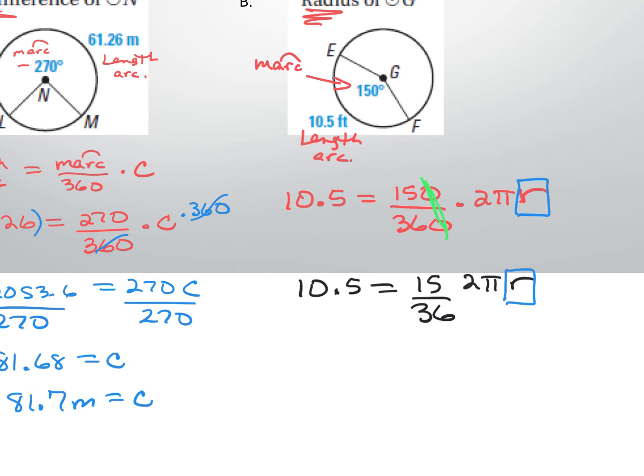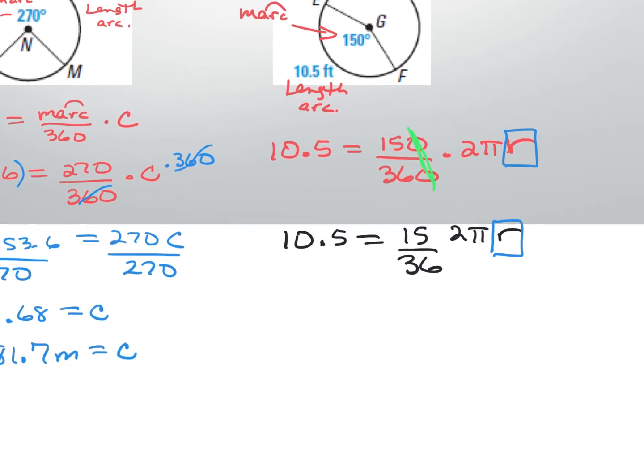Now, if you're worried that you are going to make a mistake when simplifying, you could have just multiplied it. Like I could get 10.5 is equal to 30 pi r, and then this is divided by 36. So then what I could do is multiply both sides by 36 to get rid of that.